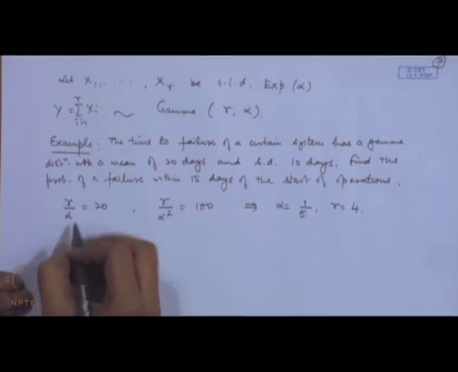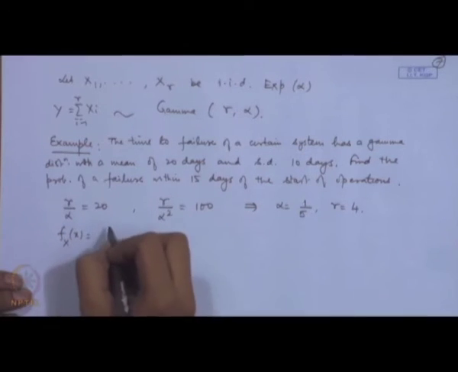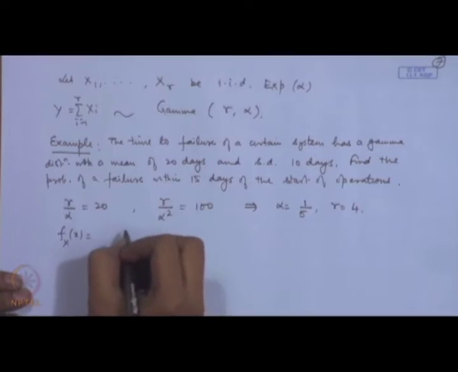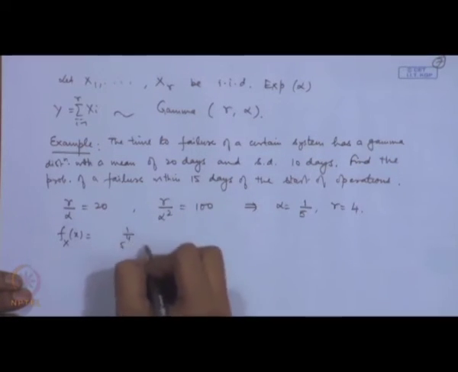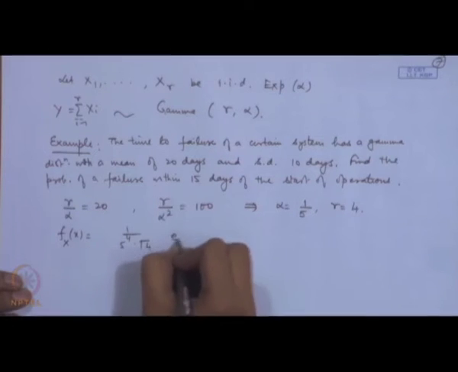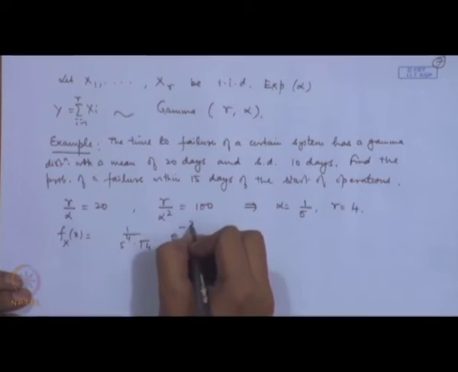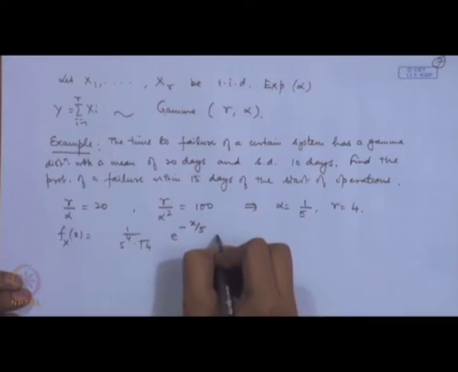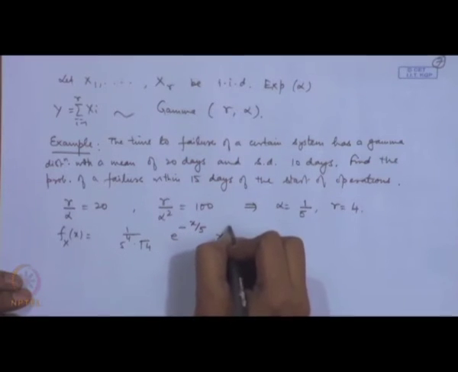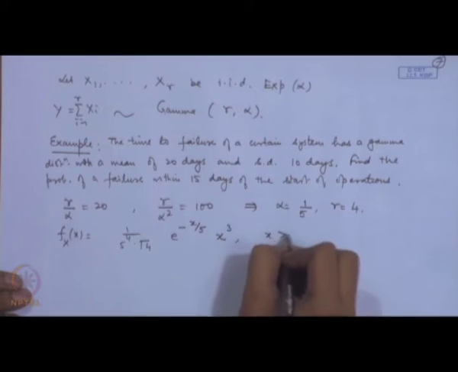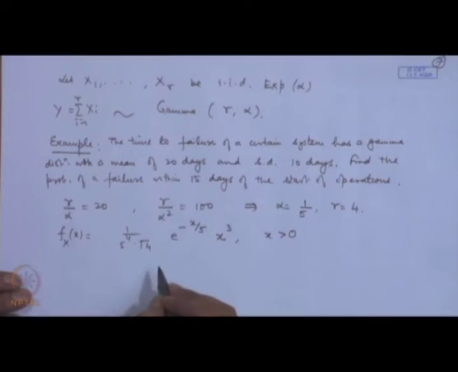So, the distribution of this random variable will become alpha to the power r, that is 1 by 5 to the power 4, over gamma 4, e to the power minus x by 5, x to the power 4 minus 1, that is 3, for x greater than 0. So, this is the distribution here.